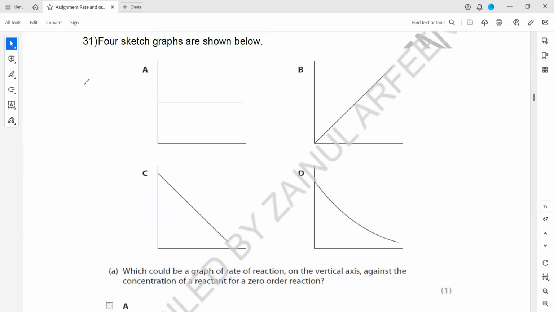So if we sketch a graph for rate and concentration for the second order reaction, if it was rate and concentration only, because if concentration doubles, rate will be 4 times. Concentration 3 times, rate will be 9 times. So the graph will be like this. But they mention if we sketch a graph between rate and concentration square.